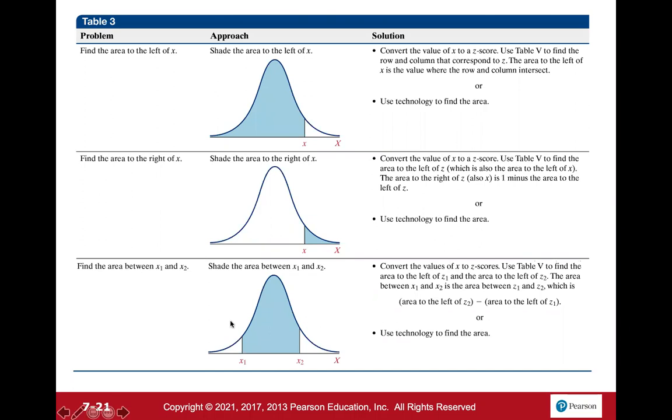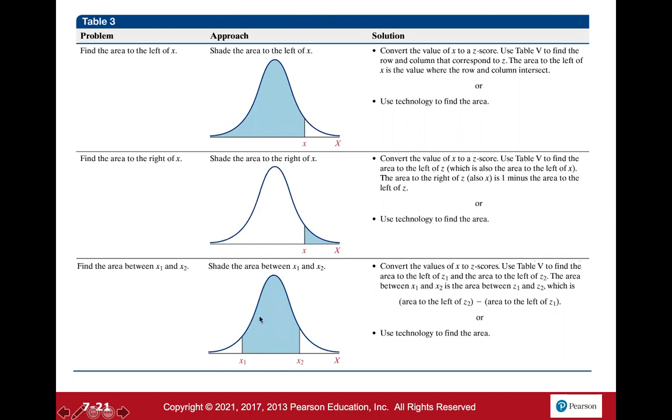And now for in-betweens, whenever we have data that looks like this, the in-between area is going to be a little bit different. So we're always going to find the value of the rightmost value. And from there, we look at that entire area from negative infinity up to that point.